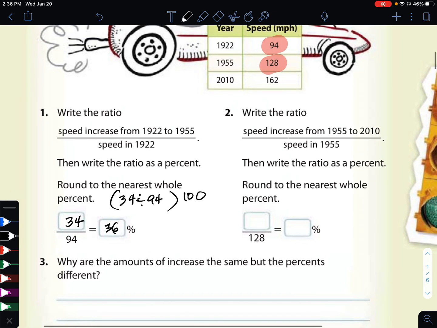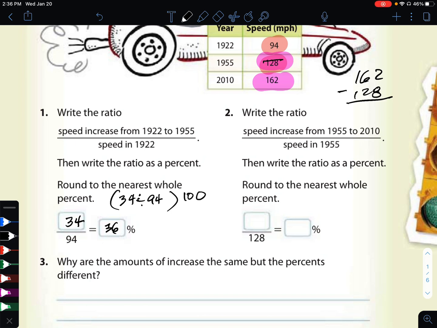How about from 1955 to 2010? We look at 1955, which is again 128, and 2010 is 162. Again, we subtract 162 minus 128, which will give us our speed increase from 1955 to 2010.